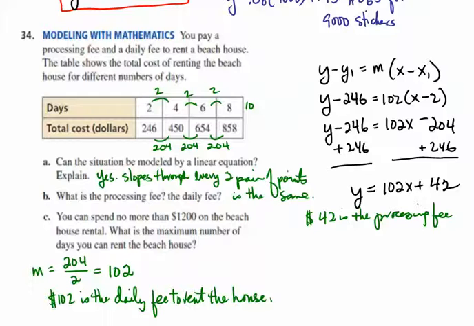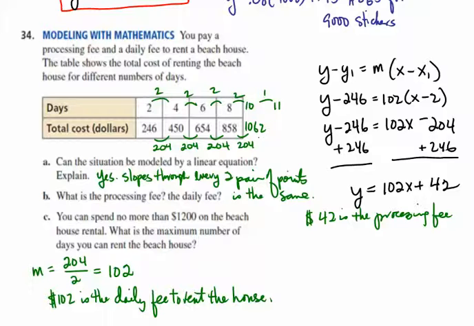We can go from 8 to 10, increase by 204, and we would get 1,062. But we only have $1,200, so we can't add another 204 on, otherwise we would be up to $1,266. Instead, we're going to just go up by 1.